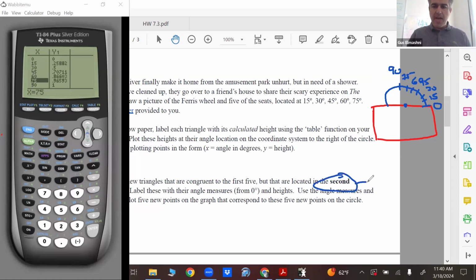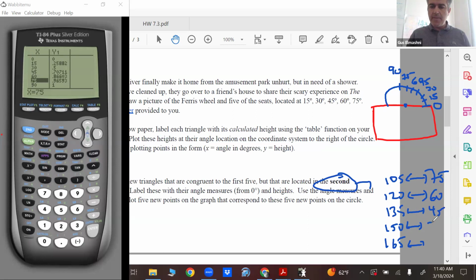The equivalent angles on the other side will be 105, 120, 135, 150, and 165. These are the same as the other ones in the first quadrant: 75, 60, 45, 30, and 15. So those are all basically equivalent angles in many ways.